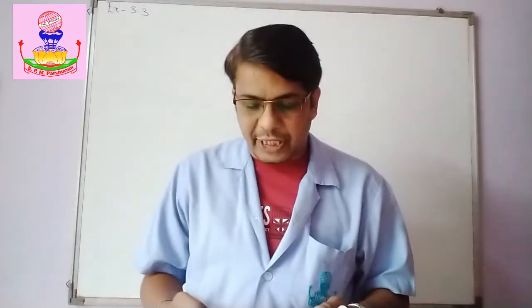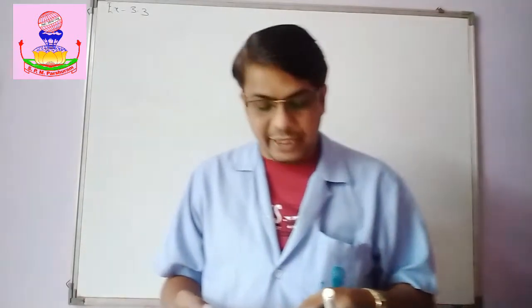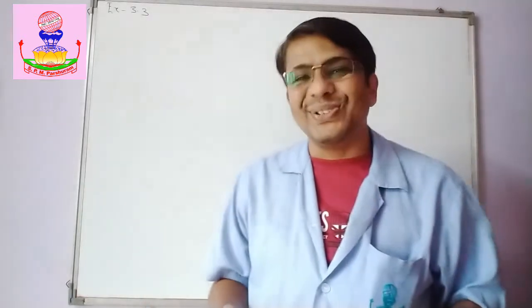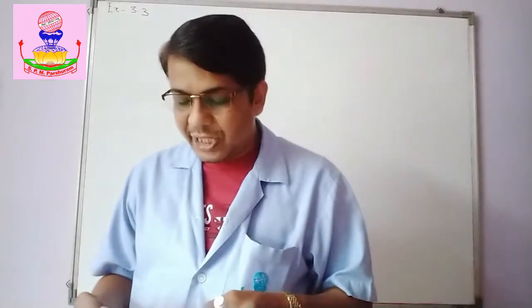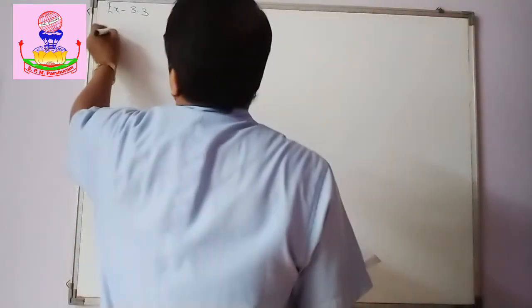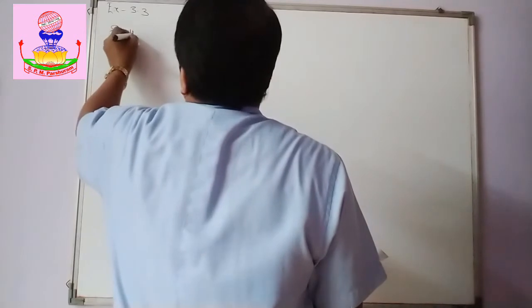Third one. What is the difference between the sum and the product of the smallest 1-digit odd prime number and the smallest 2-digit even number? Okay. So, first we will find out smallest 1-digit odd prime number.